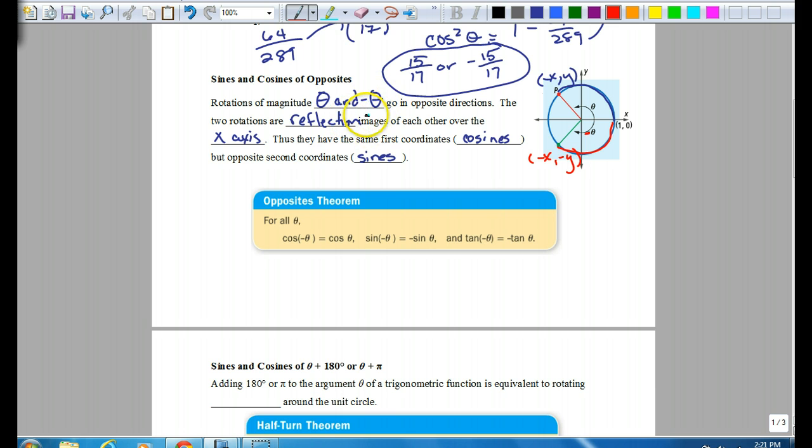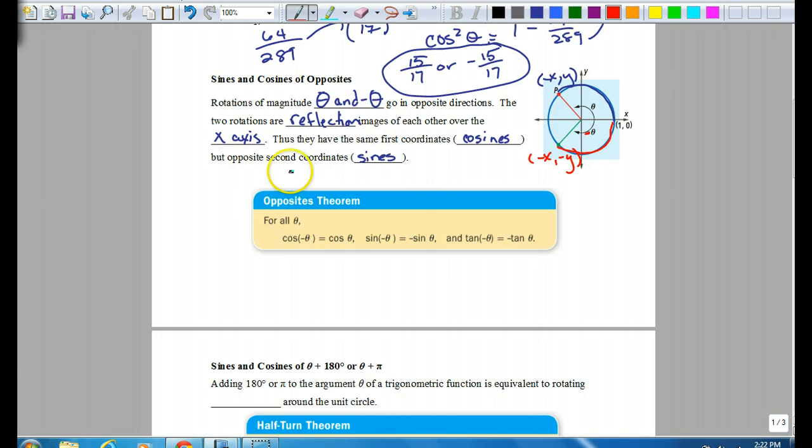If you have a negative theta, basically that's what I just said. So in other words, your sines will be opposite, but your cosines will be the same, because sines are always your y values. Right?